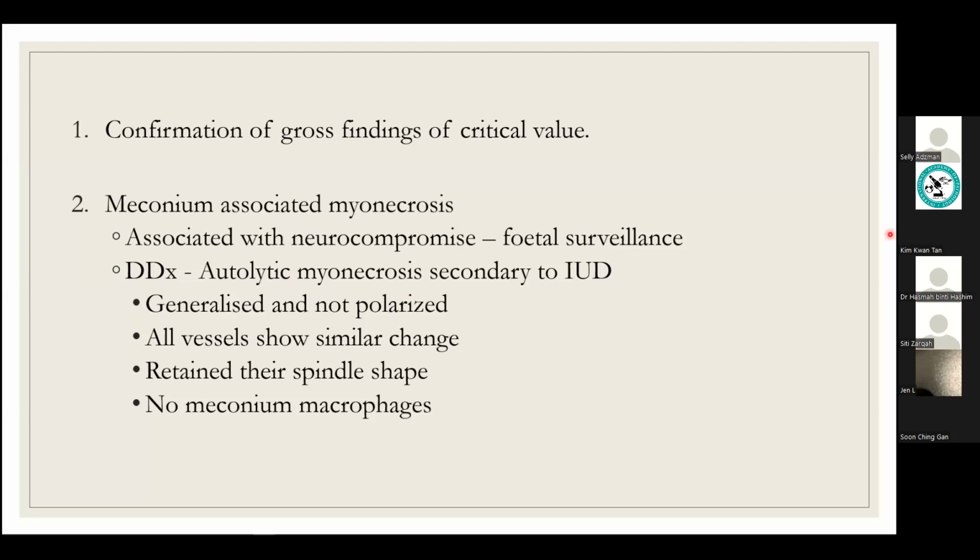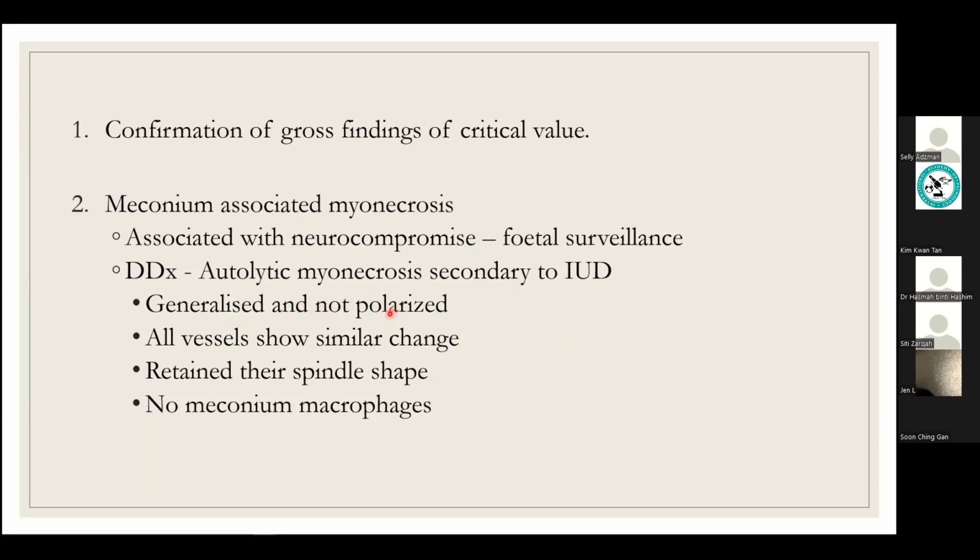That's why they have this myonecrosis. The other differential of similar morphology is autolytic myonecrosis secondary to intrauterine death. However, you can differentiate between these two, in which the IUD will be more generalized. What I want to say is it is not polarized.